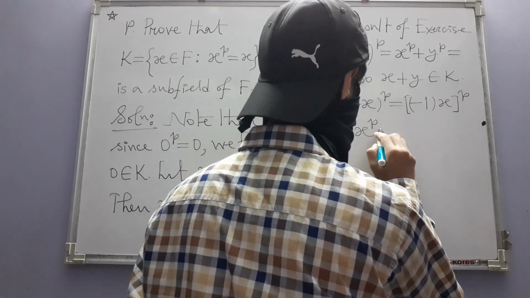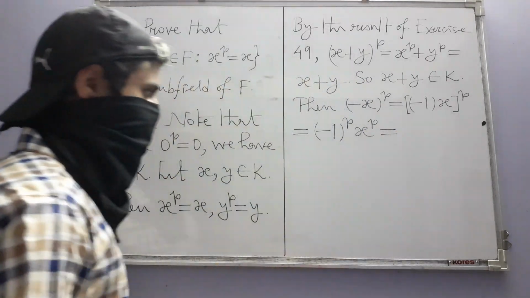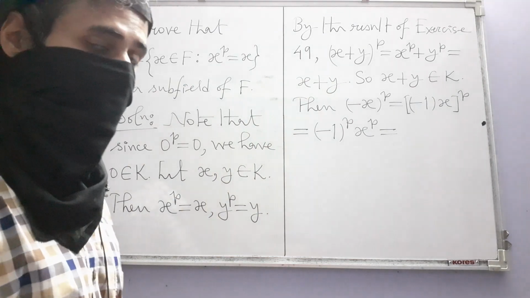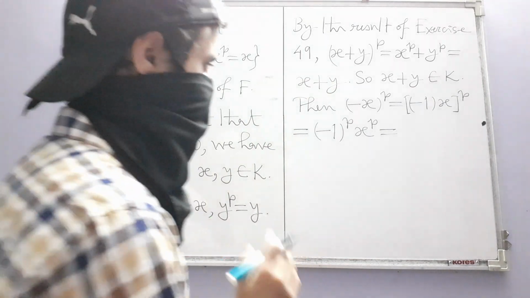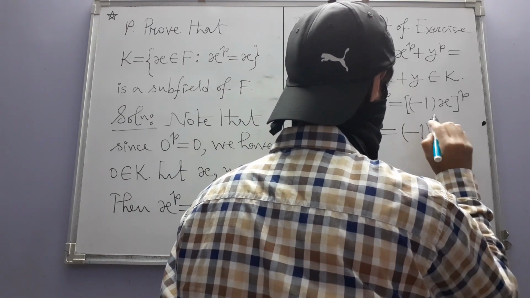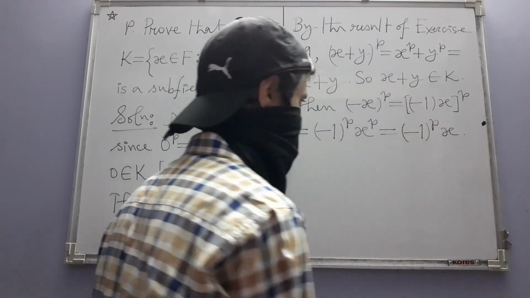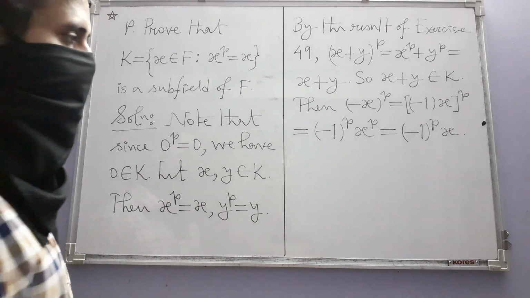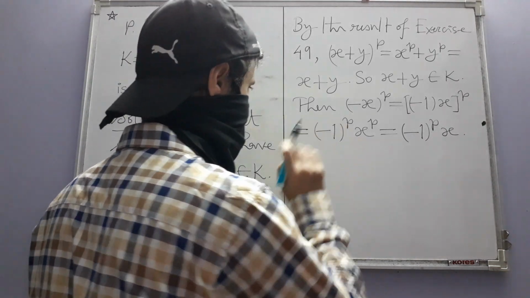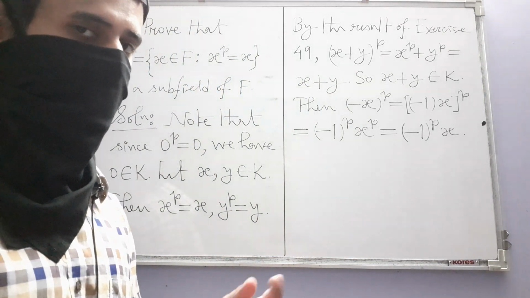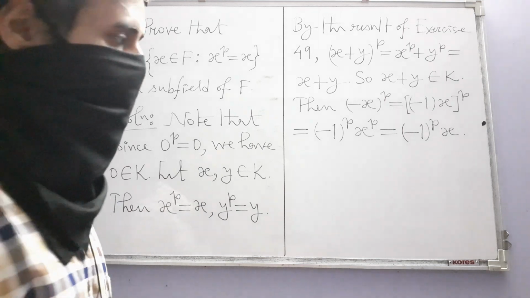Okay, the pth power of x becomes x, but what to do with the pth power of minus 1, that we have to see separately. It of course depends on whether p is even or odd, and accordingly it will be plus 1 or minus 1. Since p is a prime, we can have p even, and there is only one such case, p equal to 2.